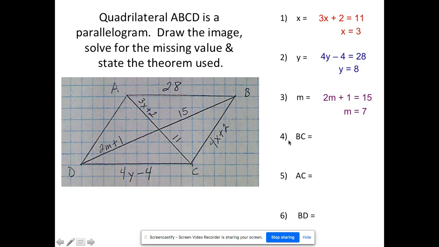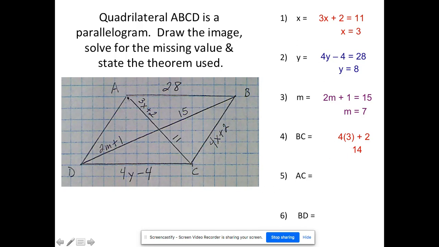And then we need to go back and figure out some of these lengths. So BC is right here. We know that its measurement is 4x plus 2, and we already solved for x, where x equals 3. So we just have to substitute the 3 in for our x. 4 times 3 is 12, plus 2 is 14. So BC would be 14.